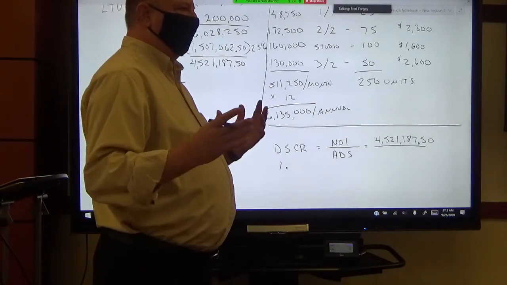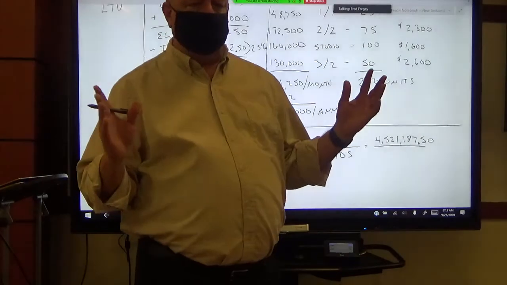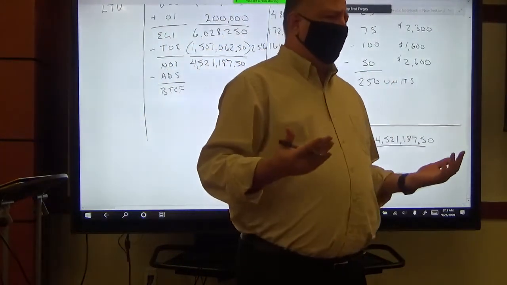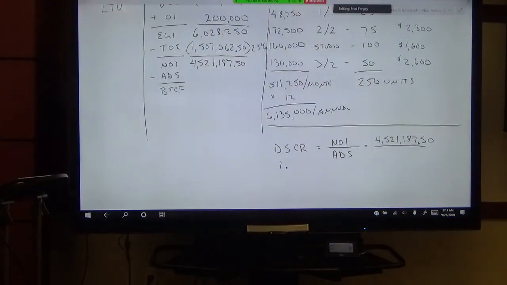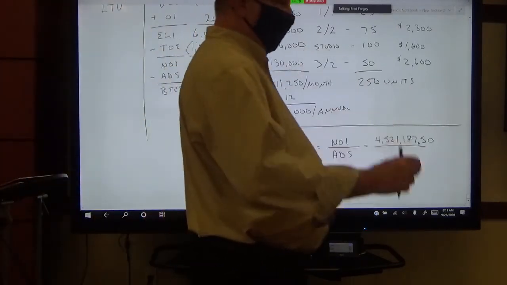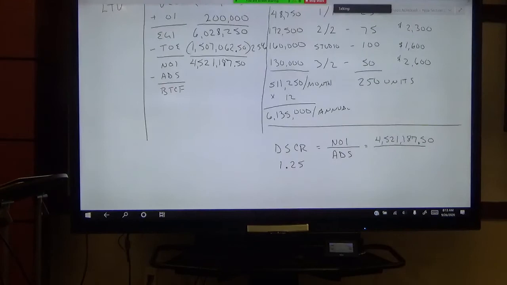It totally depends on how nervous lenders are about the underlying real estate market. In this case, I'm going to say maybe it's a 1.25 that the lender is going to use. Now, first of all, every lender is different. One lender may require a 1.25 debt service coverage ratio, while another lender may require a 1.4, another one may require a 1.1, and it may be lender specific.